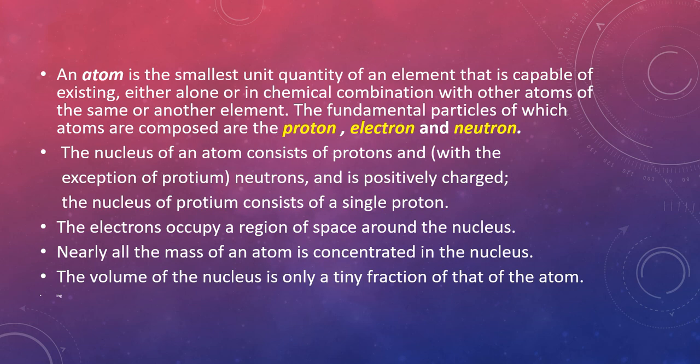The nucleus of an atom consists of protons and, with the exception of protium, neutrons, and is positively charged. The nucleus of protium consists of a single proton. The electrons occupy a region of space around the nucleus. Nearly all the mass of an atom is concentrated in the nucleus. The volume of the nucleus is only a tiny fraction of that of the atom.